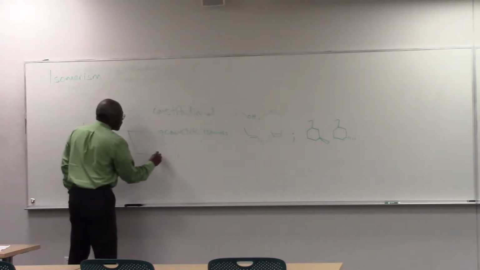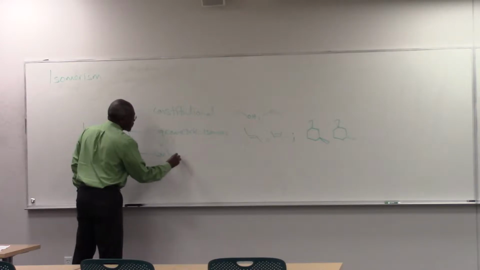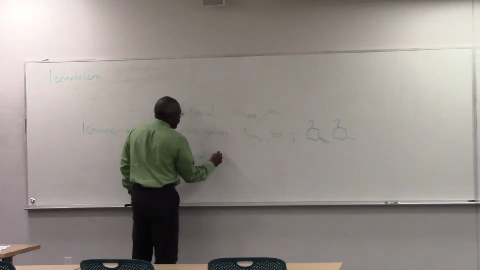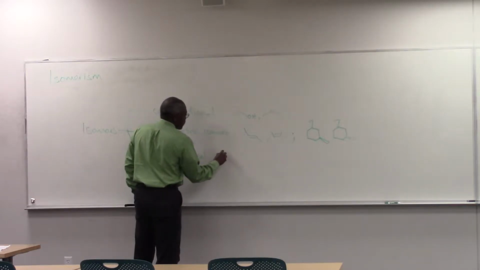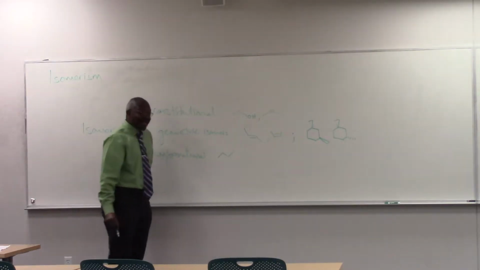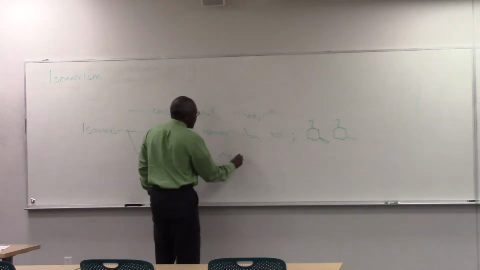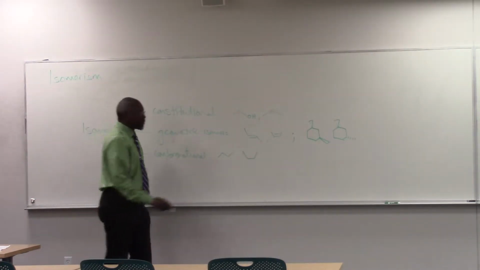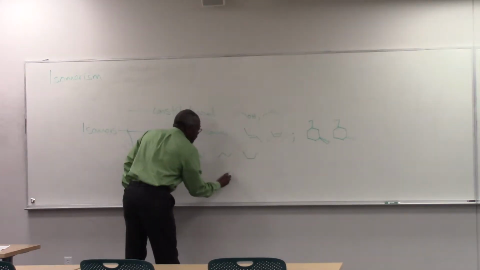We've also seen conformational isomers. So, for example, we could look at that, which is the anti-conformer of butane, versus this, which is the fully eclipsed conformer. Or we can draw those in the Newman projection formulas to look something like this.